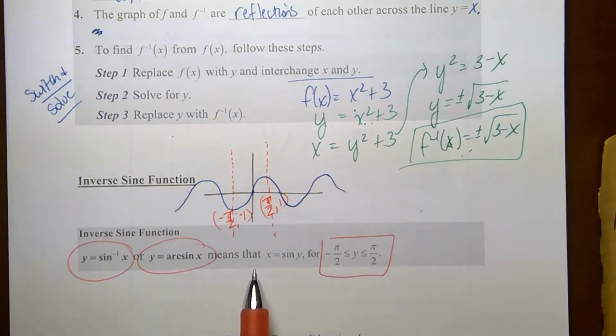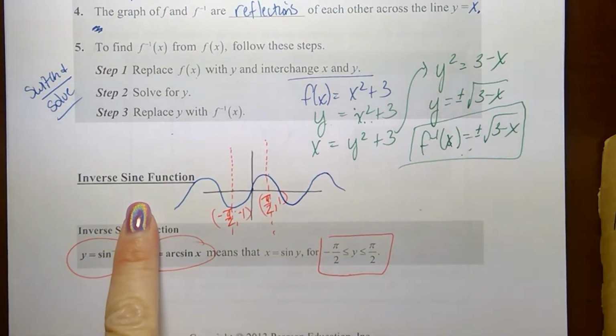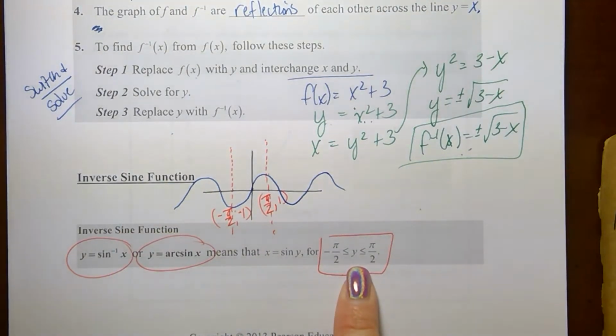So we restrict the domain of our original function, which means we have a restricted range on our inverse function. Now, negative pi half to positive pi half, that is the agreed upon values for which we are going to restrict the inverse sine and anything else that depends on that y value.